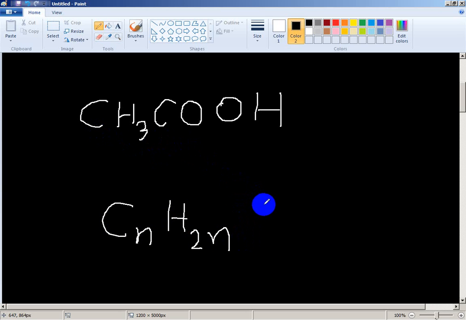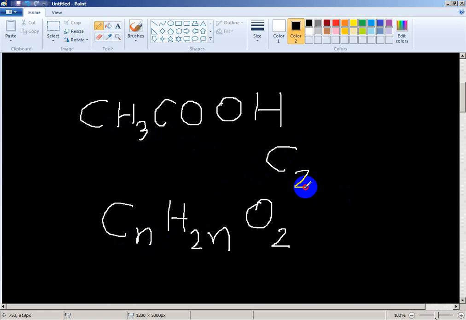Oxygen is double bonded, I give it this way. Okay, how many is this? If I put it 2, what will it be? How many carbons here? 2 carbons, 1 and 2.